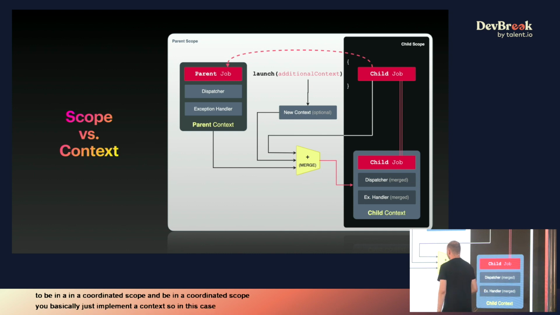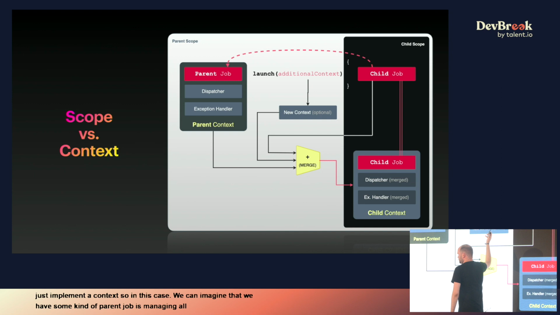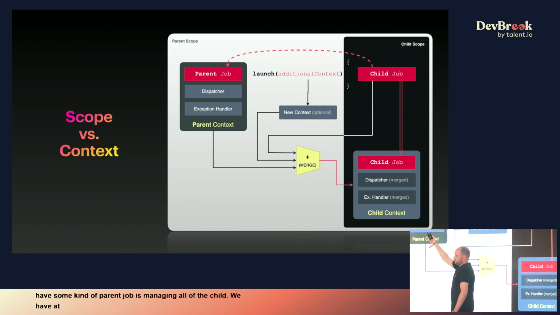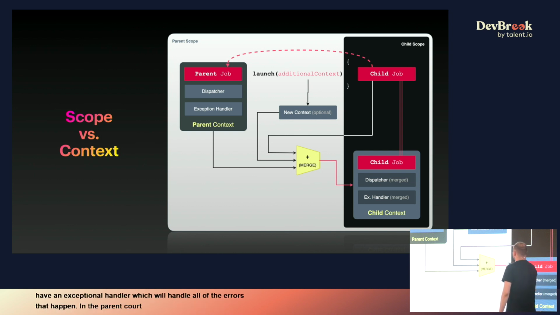So in this case, we can imagine that we have some kind of parent job, which is managing all of the child coroutines. We have a dispatcher in the context, which is kind of telling the coroutines where to run, on which threads to run. And we have an exception handler, which will handle all of the errors that happen in the parent coroutine or in the child coroutines.